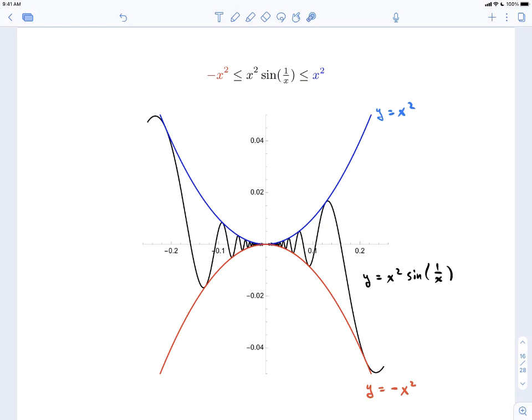What you can see from this picture is that x squared times sine of 1 over x is always between the blue curve and the red curve. And we know that the blue curve passes through the origin, and the red curve also passes through the origin. So what does that tell us about the curve in between? Well, it has to pass through the origin as well.